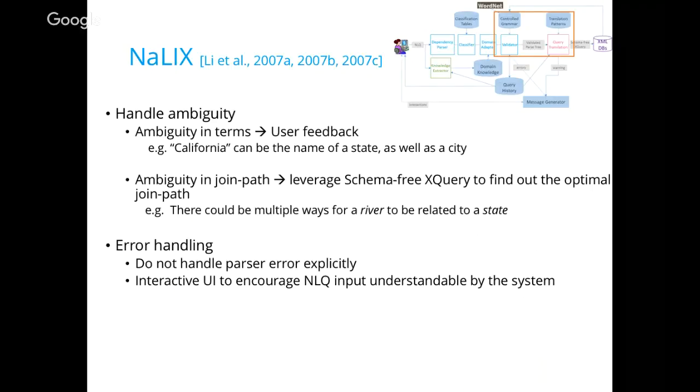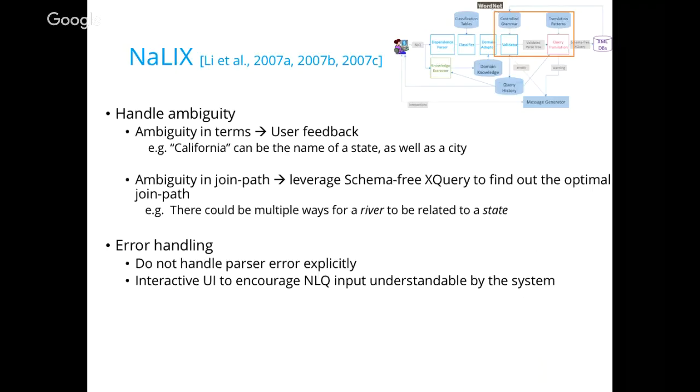The way it handles ambiguities is twofold. One is using user feedback. For example, if California from the database turned out to be both a state name as well as a city, we can ask the user which one they mean. In addition, it also leverages schema-free XQuery to find out the optimal join path. For example, there could be multiple ways for a river to join to a state.